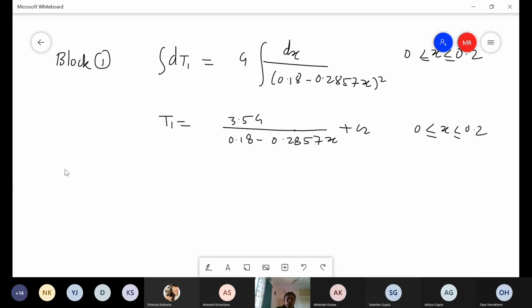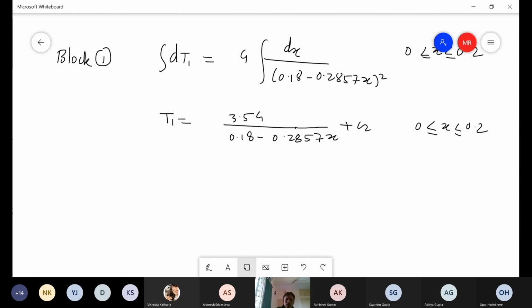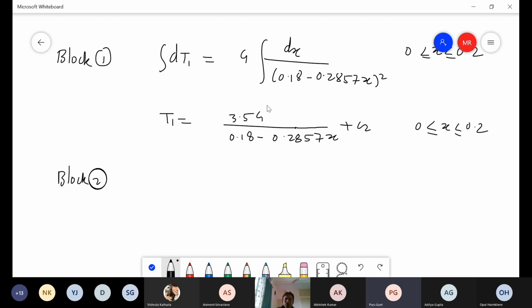Similarly, for block 2, we can write down. For block 2, there should be C1 also in the equation. C1 I have written here, you can see.